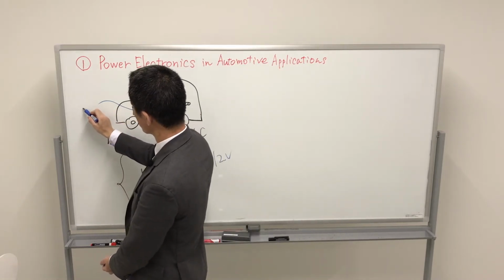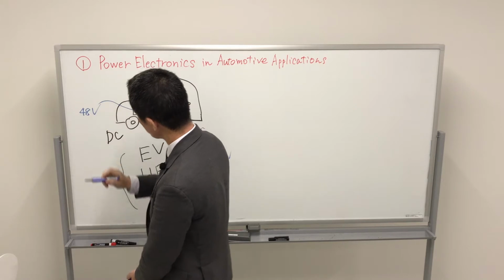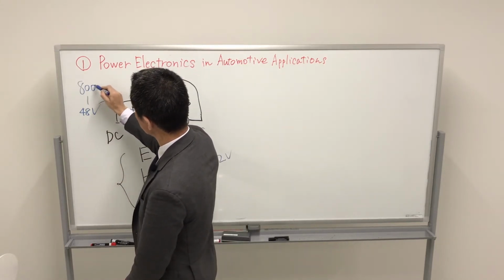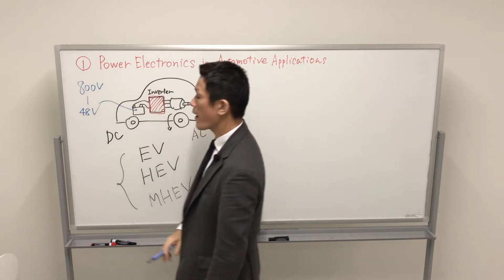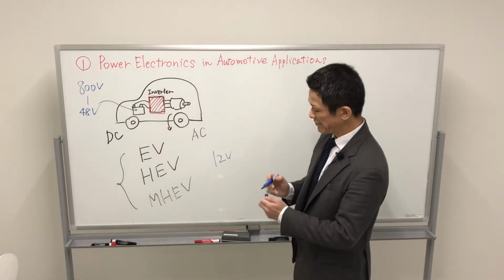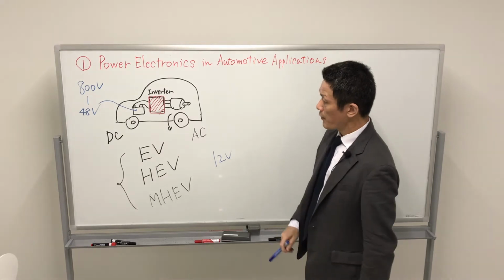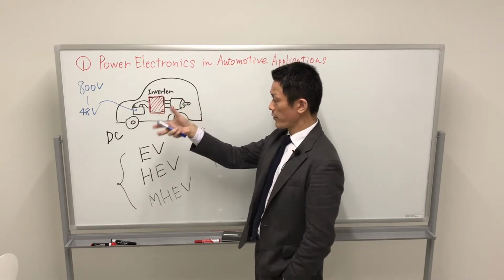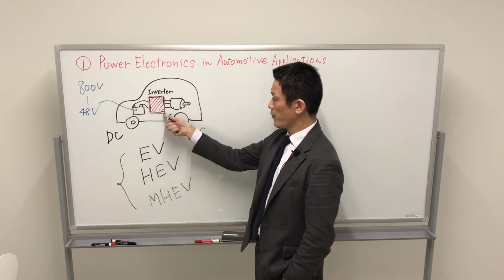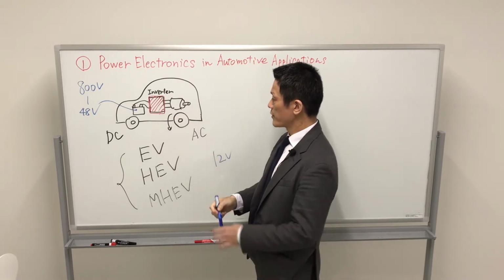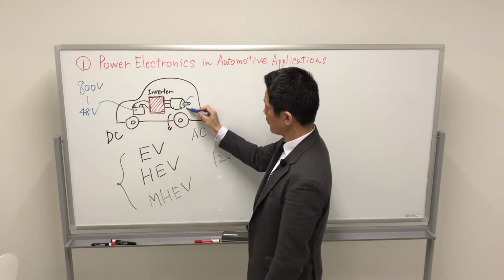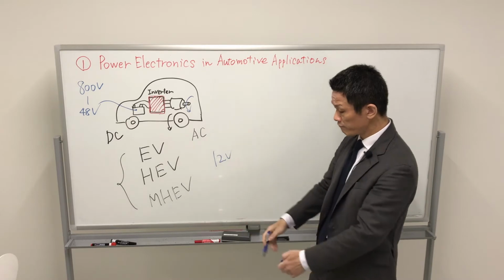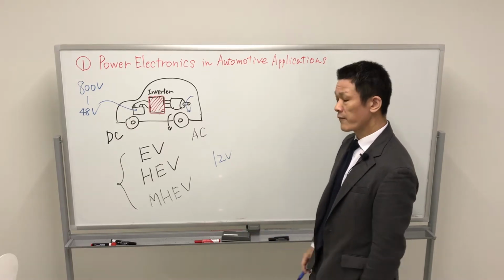The lower side is around 48 volt, and the upper side is around 800 volt. Using the higher battery voltage value, the inverter operates, and using the motor, we obtain rotation power and driving force.